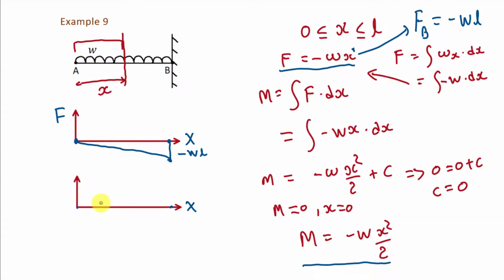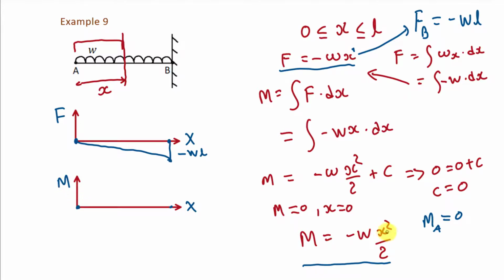Now we are going to draw the bending moment diagram for this case. In this direction we will take bending moment M. We have the bending moment as -wx²/2. If we put 0 instead of x, then we get bending moment M = 0 at point A. Correct? So we will get this point. At this point x = 0 and M = 0.